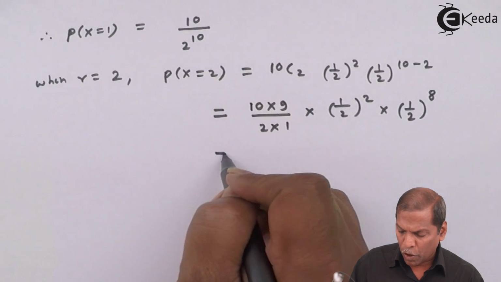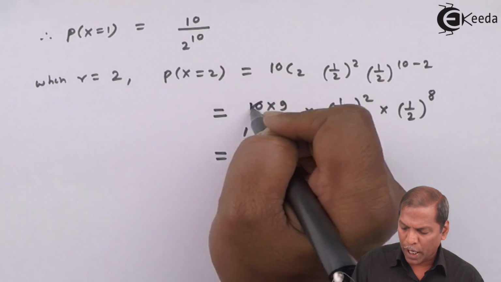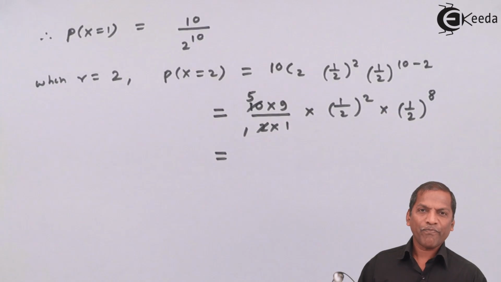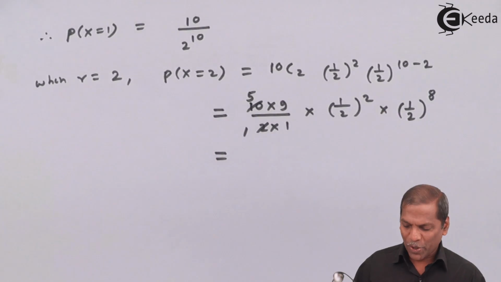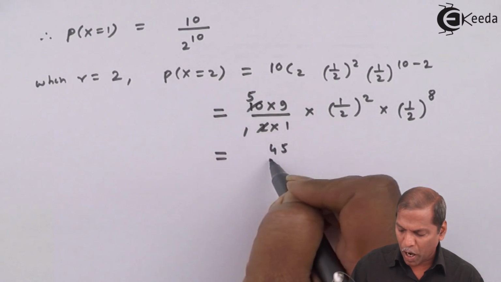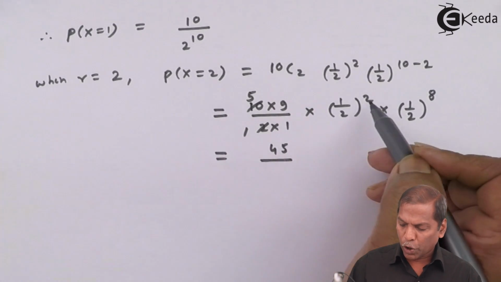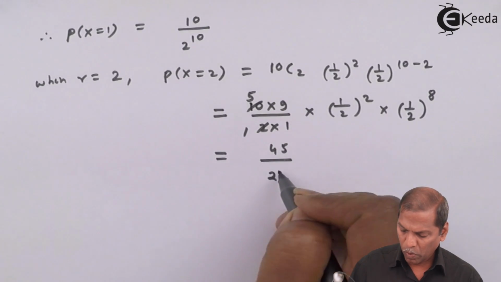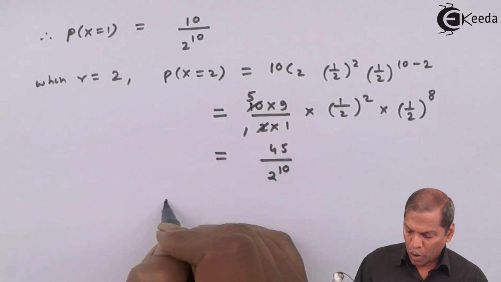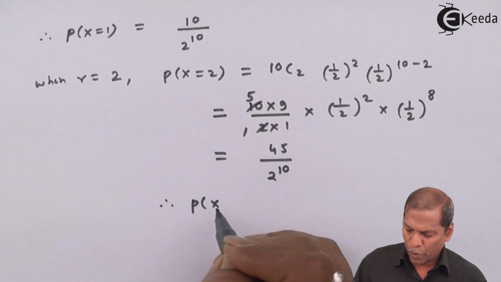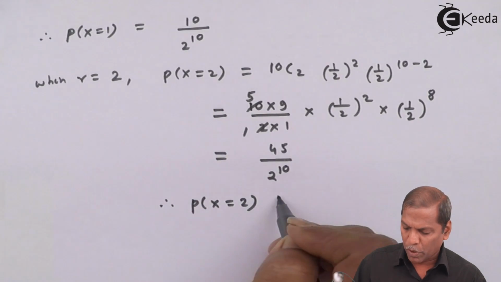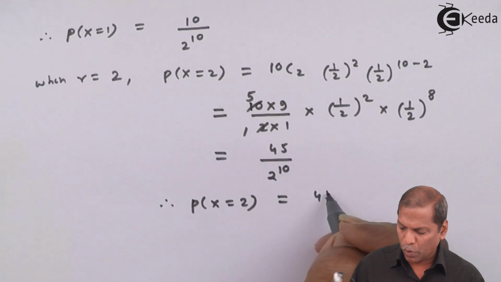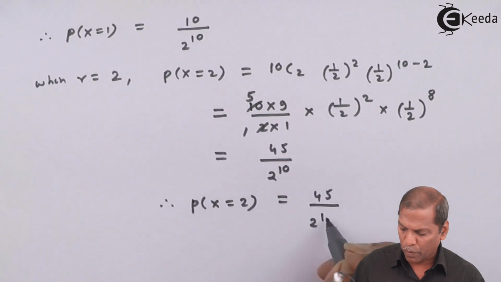So on cancellation, 2 ones are 2 and 2 fives are 10. So 5 into 9 gives 45 upon 2 raised 2 into 2 raised 8, which gives totally 2 raised 10 by using law of indices. So probability x equal to 2 is equal to 45 upon 2 raised 10.